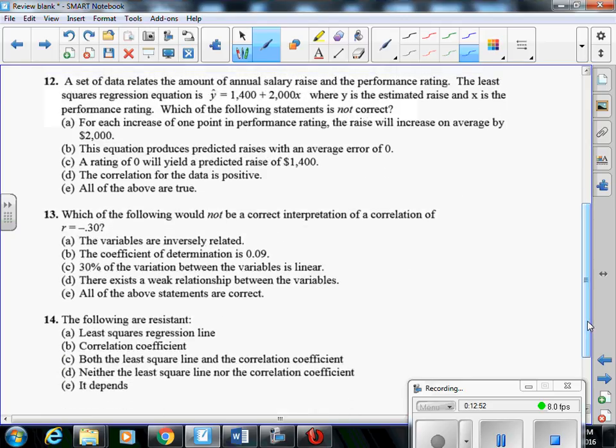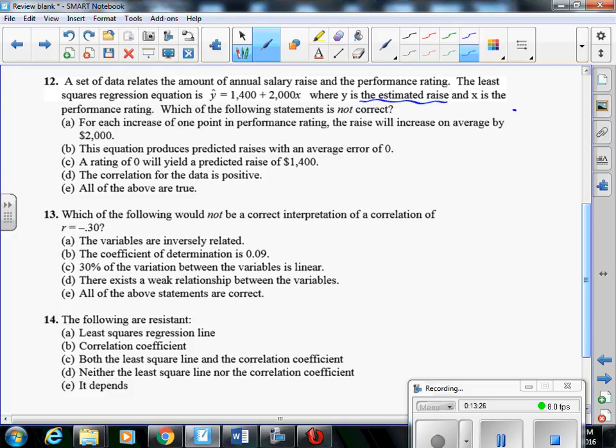Number 12. A set of data relates to the amounts of annual salary raise for a performance rating. The least square regression line is this, where y is the estimated raise and x is the performance rating. Which of the following is not correct? Let's look at A. A says for each increase of 1 point in performance rating, the raise will increase on average of $2,000.